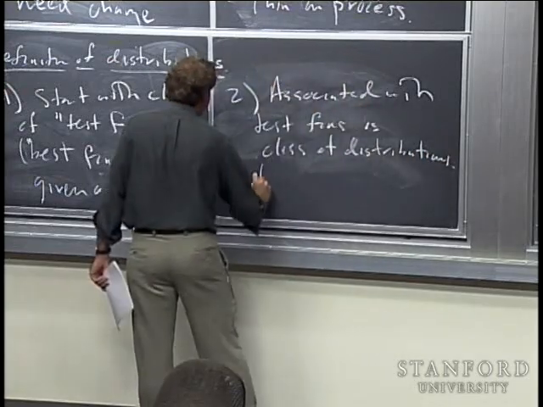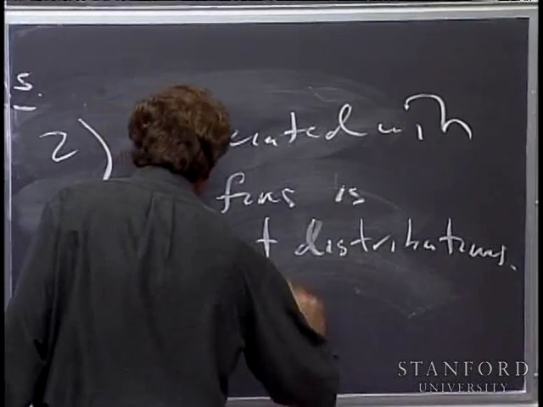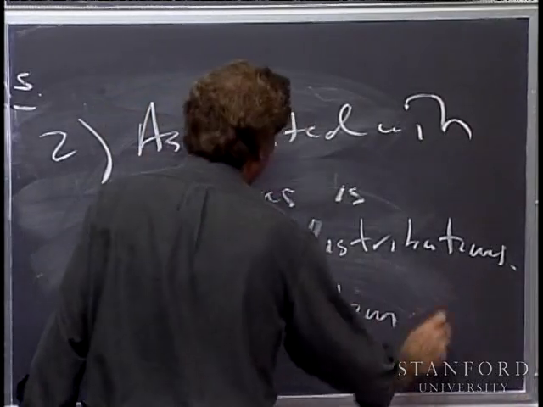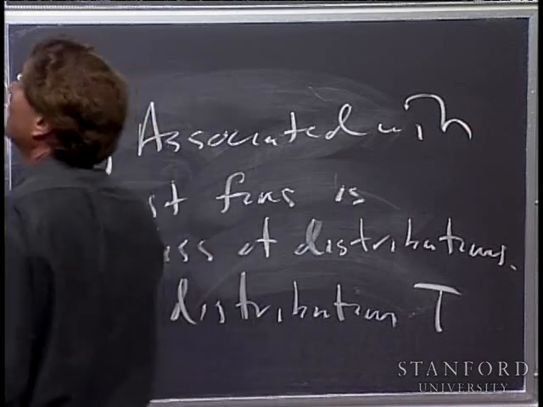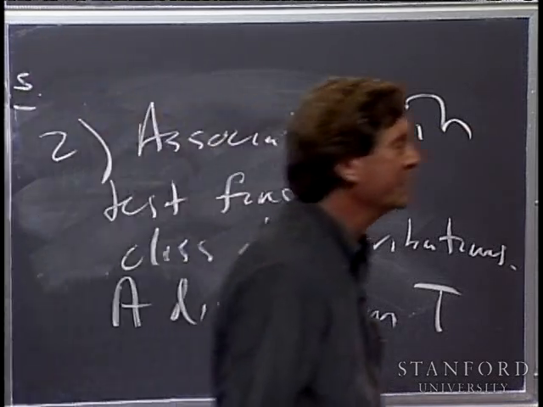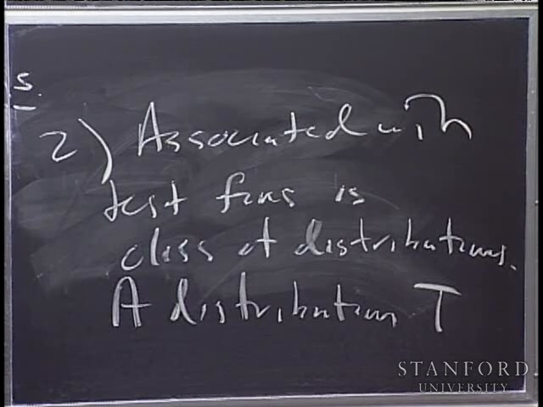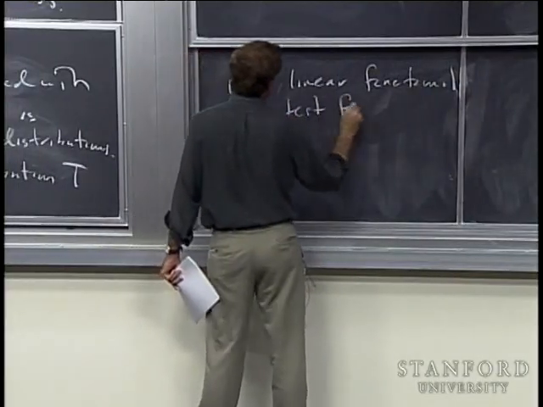All right? A distribution, I'll call it T, is a linear operator on the test functions that produces a number. So one says in the biz it is a linear functional. A distribution T is a linear functional, I'll say what this means in just a second, on the test functions.